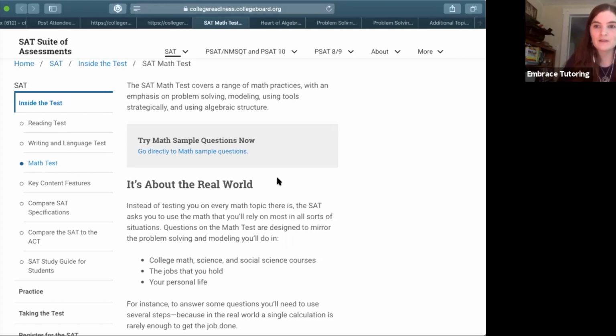It's not focusing on super advanced math. It's focusing on math that you've learned from about middle school through early high school.